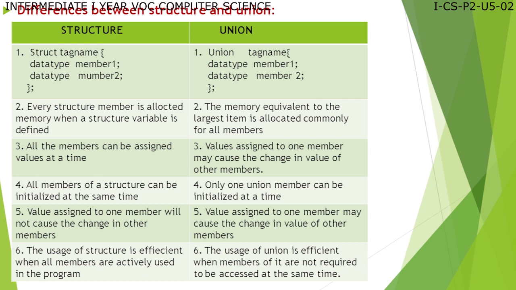Every structure syntax is struct, tag name, start with the curly bracket, then the members of the data type, we can say declaration of a member or element. Then close the curly bracket and terminate with the semicolon.